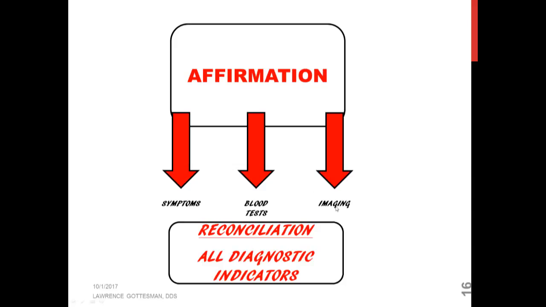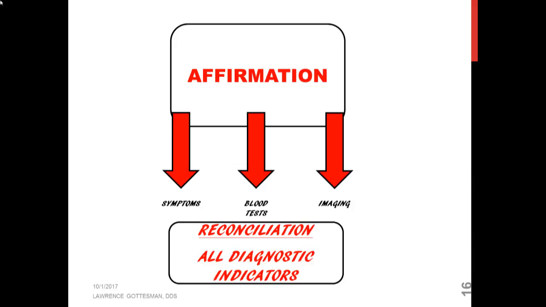Compare it to my imaging studies, particularly the MRI, and I will take a look at all of the diagnostic indicators. I'm only showing you 3 of them here, but certainly the physical exam would carry many clues, and I am going to remember that.